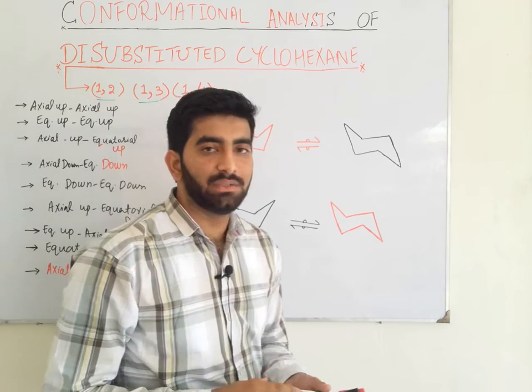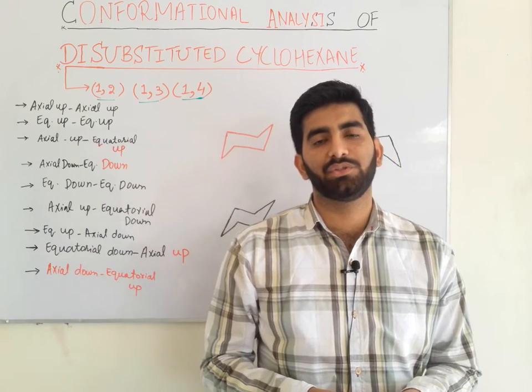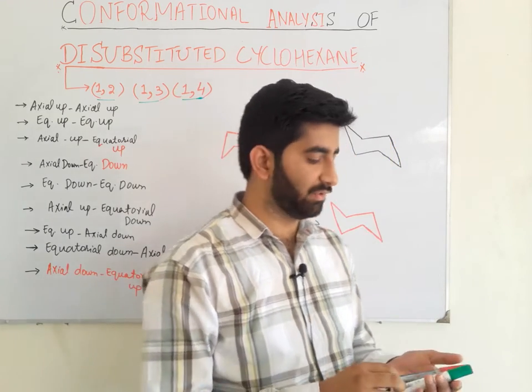As we know, due to restricted rotation in cyclic systems, alicyclic compounds show geometric isomerism or cis-trans isomerism.